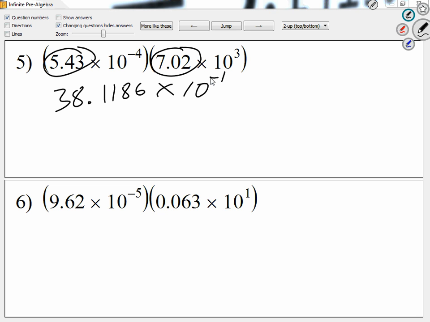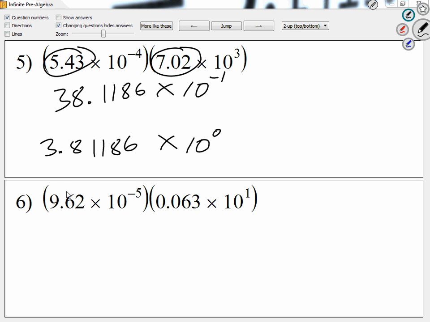So if I'm after the 8, I have to move 1 to the left. That's what it says. I have to fix this. I'm going to write this as 3.81186, right, because that's between 1 and 10, times 10 to the what? To the 0. Nice. Right, if I'm after the 8, I have to move 1 to the left. I already moved it, so don't move anymore.